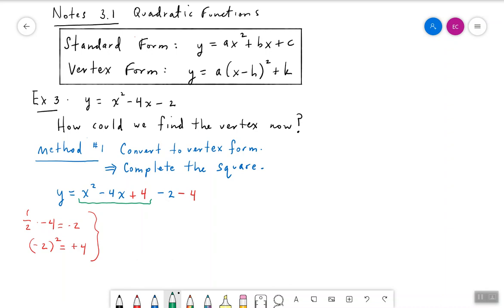The factors are x minus 2 times itself. So we can go ahead and write y equals x minus 2 squared, and then minus 2 minus 4 is minus 6. And sure enough, that's vertex form.